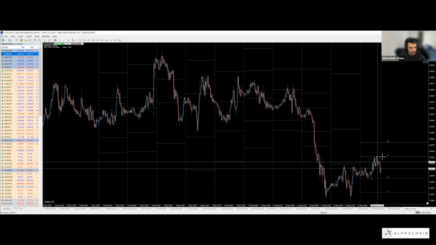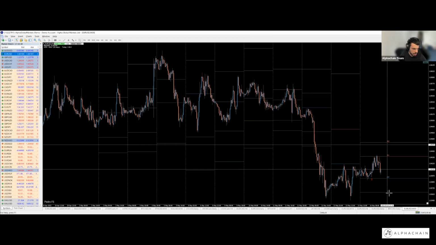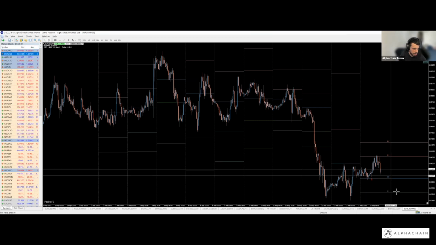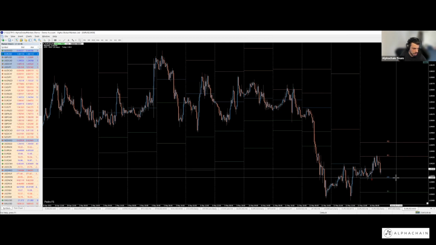And then to calculate R1 and S1, it's again the formula that I just mentioned: 2 times that value minus the low. It's going to give you R1 and then S1. For R2 and S2, you just take the difference, the space between R1 and S1, which is around 70 pips, and you add 70 pips to the value of the pivot point, and you have R2.